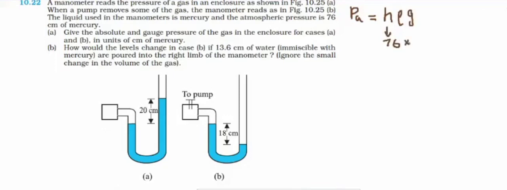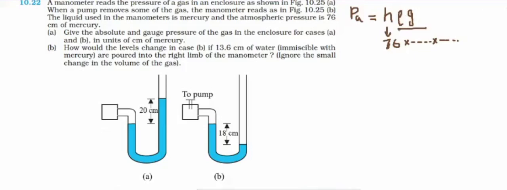Rho is the density of mercury and g is acceleration due to gravity.